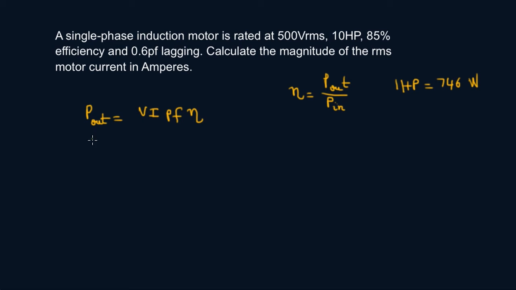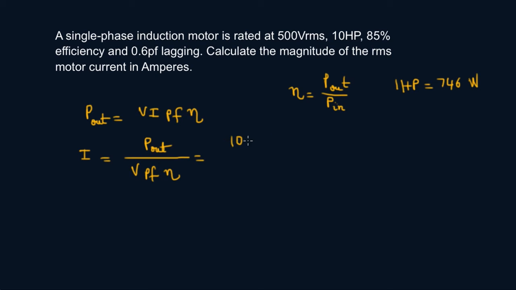To get the current, I is equal to output power divided by voltage times power factor times efficiency. From here on, it's just plug in. Your output power is your mechanical energy, so you have 10 horsepower, and 1 horsepower is 746 watts.